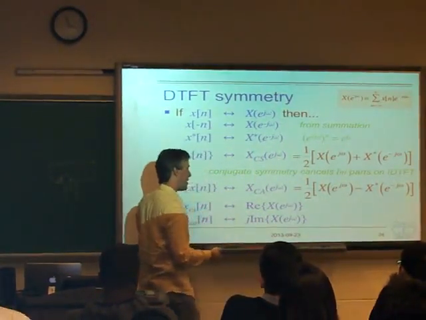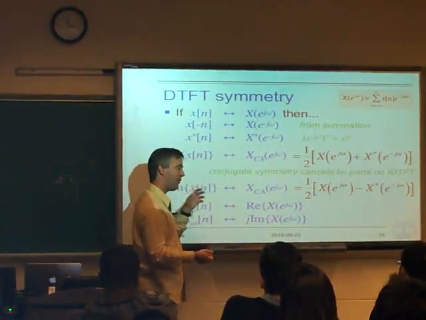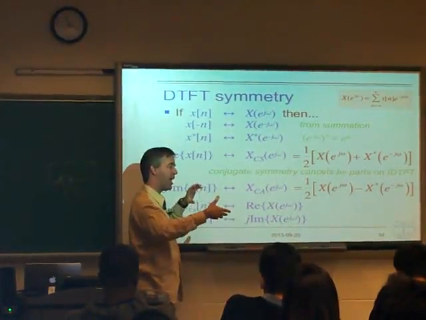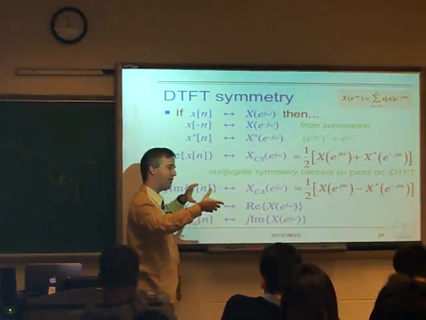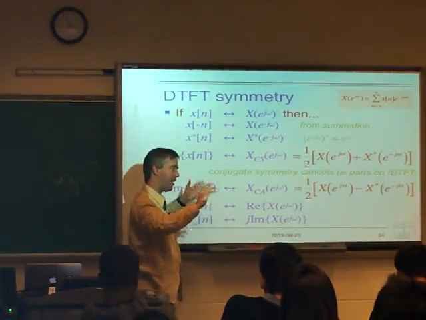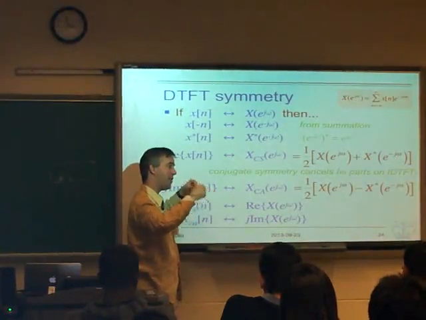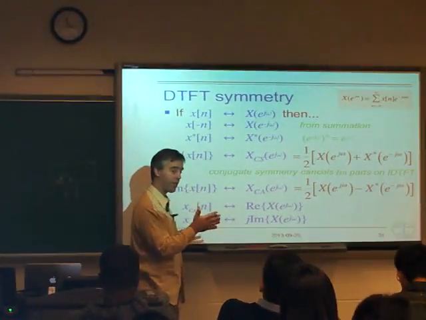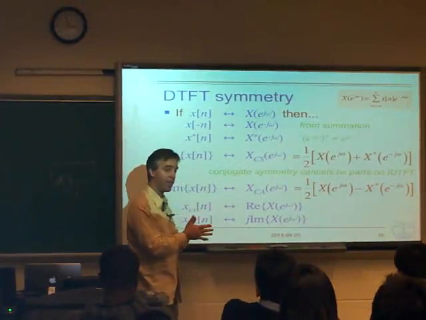You get the x of e to the minus j omega 0 n term, right? And they're going to be conjugate, and so the imaginary parts are going to be the negative of each other. So when we sum them together, the imaginary parts are going to cancel out.